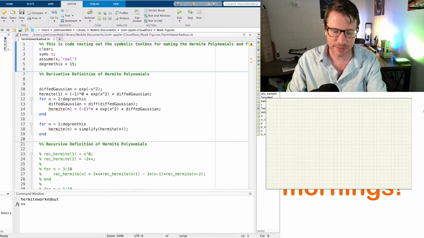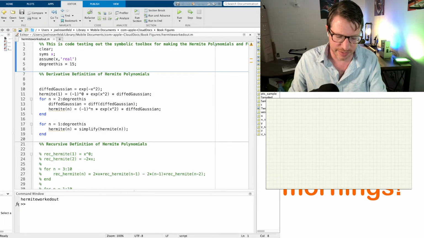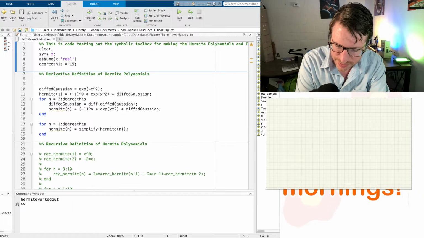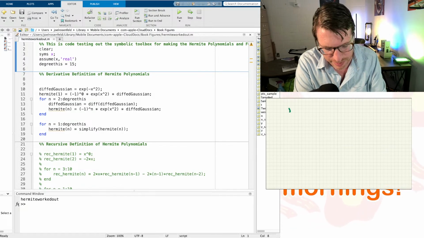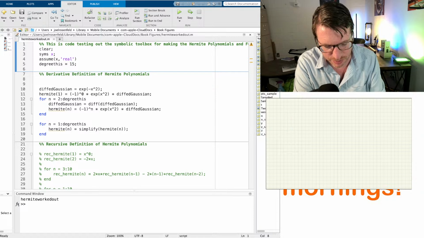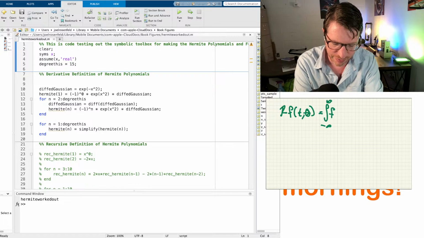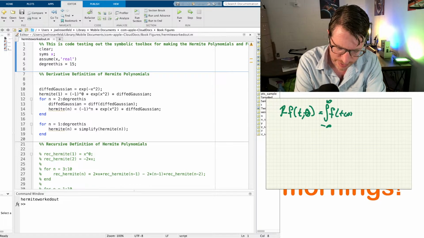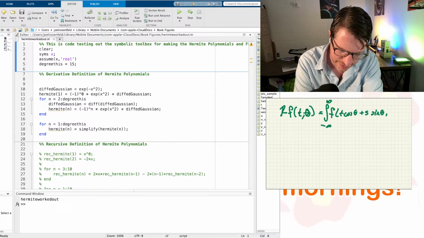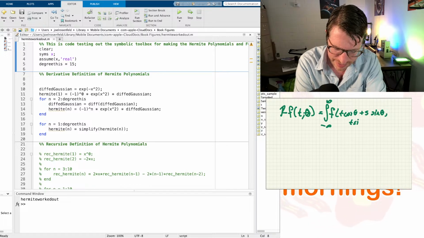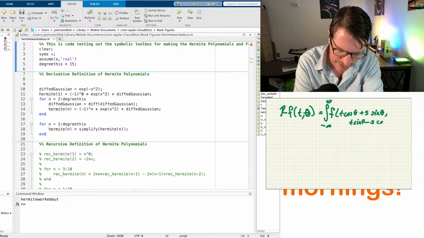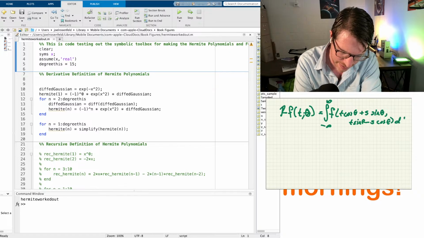So right now I'm teaching a course in tomography, and there's this thing called the Radon transform, which is pretty important, but it's basically an integral. The Radon transform of a function at (t, theta) is defined to be the integral from minus infinity to infinity of f(t cos theta + s sin theta, t sin theta - s cos theta) ds.